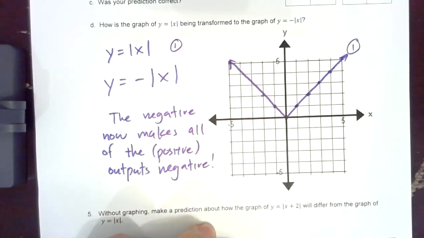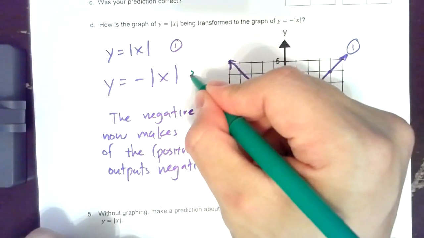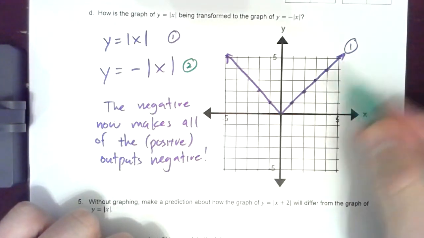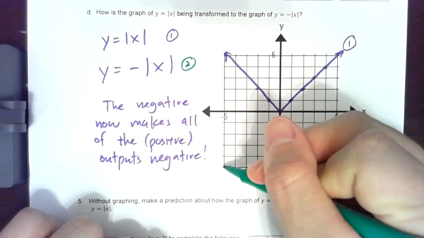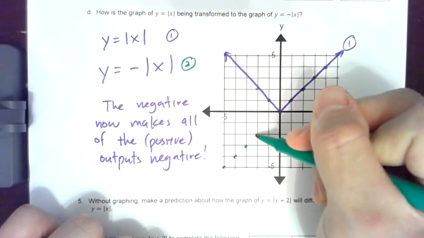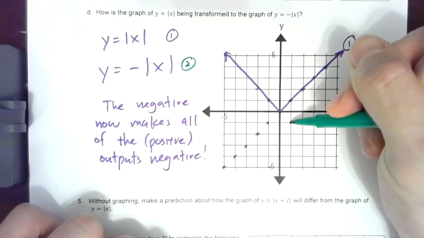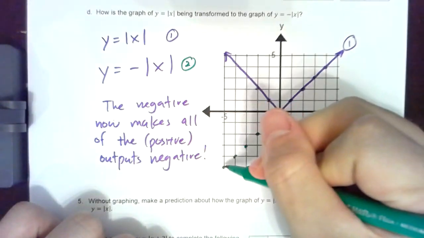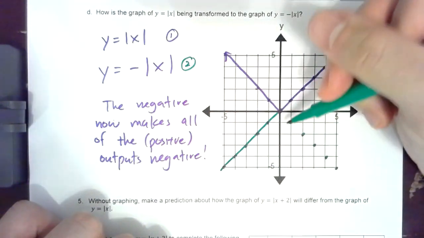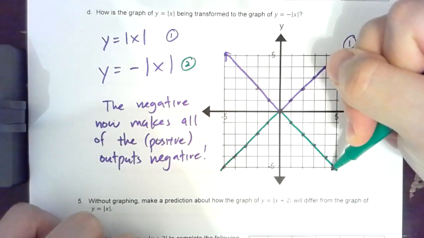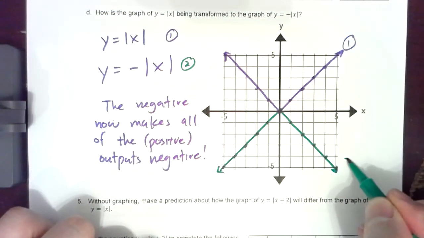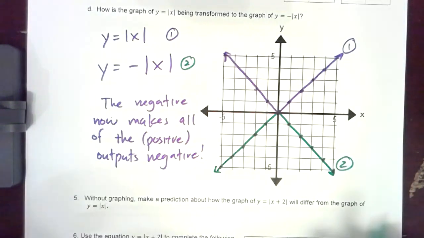If I attach a negative in front, class, then everything that used to be in the positive world is now negative. So just like a line can go from positive to negative, an absolute value function can easily go from positive to negative if you manipulate it by putting a negative in front.